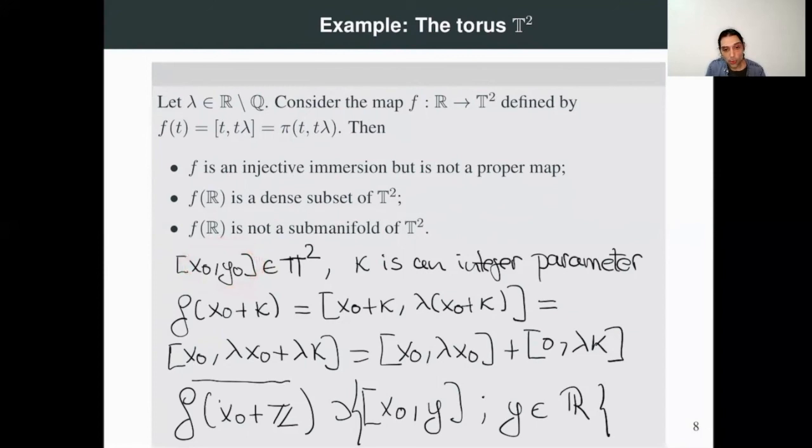So this point is also going to be in the closure of the image of F. And so because of that, the image is a dense subset of the torus.